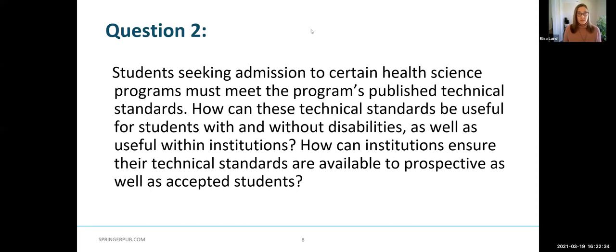And so it is entirely possible that someone who otherwise would be a great candidate for the program reads that and says, well, I have a stutter, they're not going to let me in. Or I have a deaf accent, so they're not going to let me in. So that's potentially an issue.